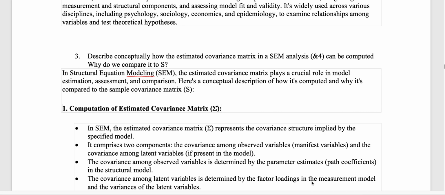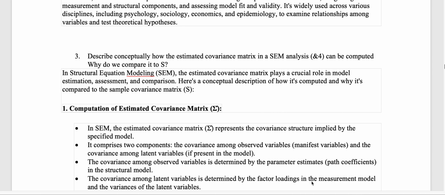Question number 3: describe conceptually how the estimated covariance matrix in a structural equation modeling analysis can be computed, and the fourth question, why do we compare it? First, we talk about conceptually how the estimated covariance matrix is computed in structural equation modeling.